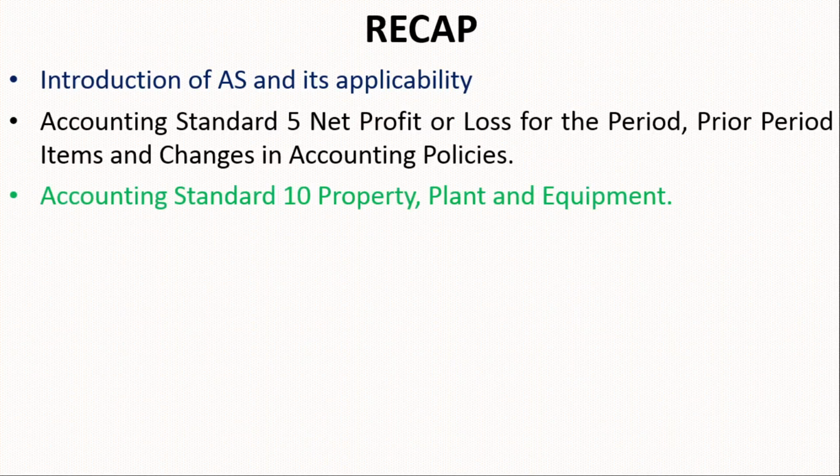Later on, we discussed Accounting Standard 10, that is property, plant, and equipment, which is the most important accounting standard, on which there will be an example for the exam, for calculation of assets, that is depreciation as well as asset valuation, cost of assets. So this we have also discussed.